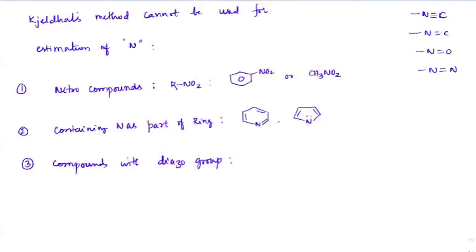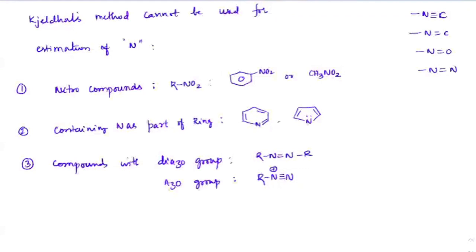So which means if you have R N double bond N R, this is diazo group. Similarly, azo group. Azo means R N triple bond N plus group. This one is azo group. Got it? This one, azo and diazo compounds, they do not give.